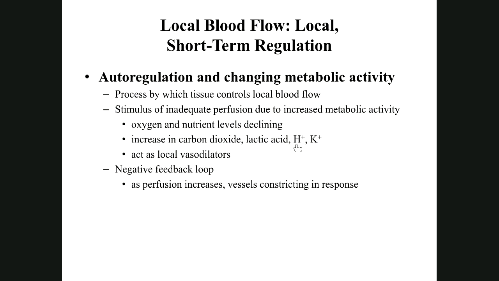So don't ever forget the three things that can change blood flow and also respiratory rates: O2 levels, CO2 levels, and pH levels. Those are the main things that really trigger these changes in our CVS and our respiratory system.